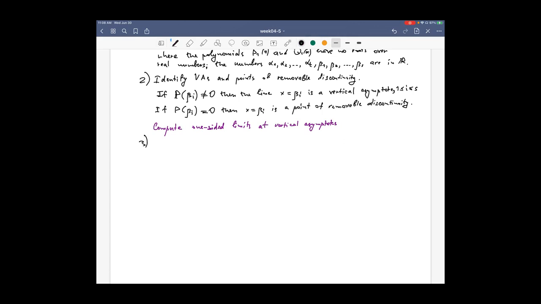Step 3. Identify horizontal and oblique asymptotes, or lack thereof. They don't have to exist.